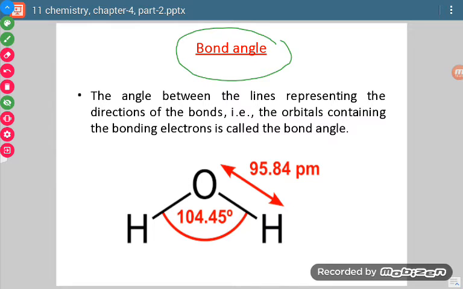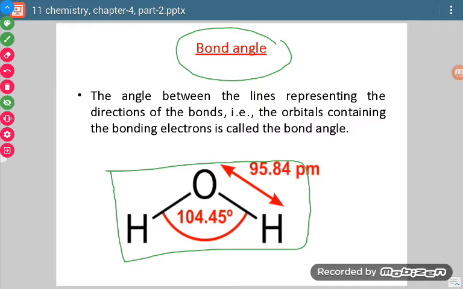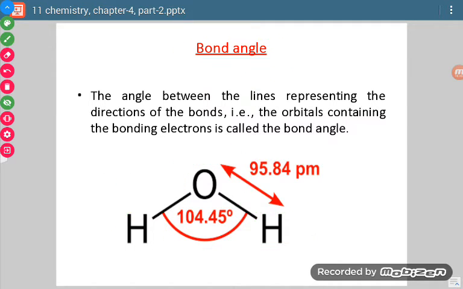If we take the water molecule, in it two hydrogen atoms are bonded with one oxygen atom, and in this way the duplet of hydrogen is complete and the octet of oxygen is complete. Now what is bond angle? When we represent the internuclear distance by a particular line, the angle between the lines which represent the direction of the bonds is called bond angle.